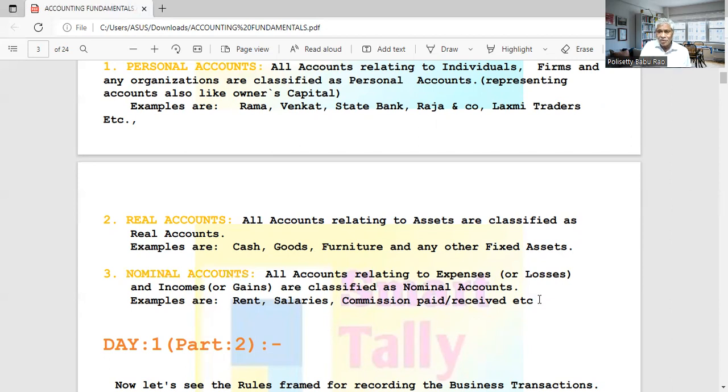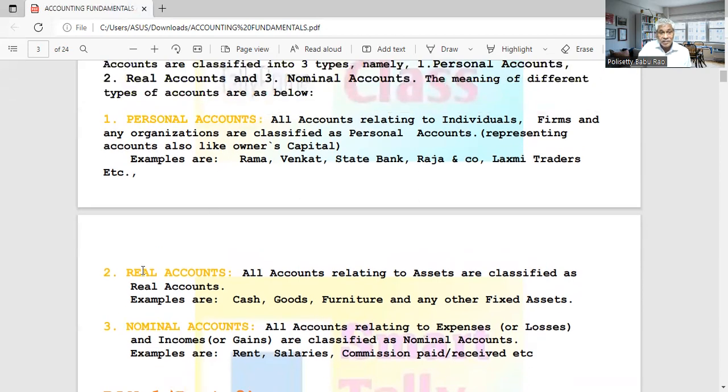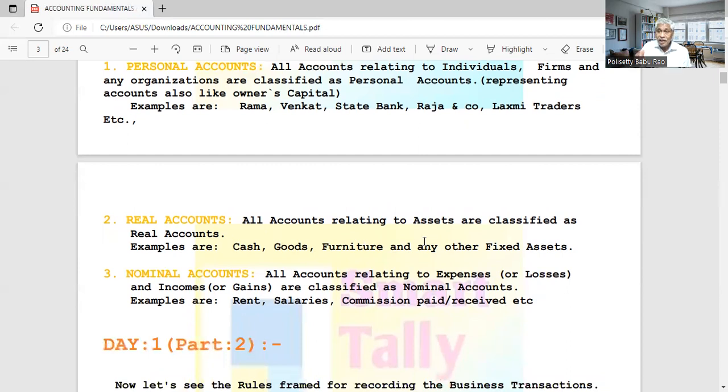So these accounts are closed. We find out the profit or loss. The profit or loss belongs to the owner. The owner will enjoy the profit, and he will suffer the loss. So that goes to the owner, and these accounts are closed. So nominal accounts are closed at the end of the year. That's why they are called nominal accounts. But personal accounts and real accounts continue forever.